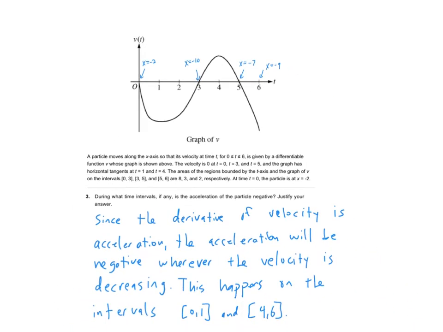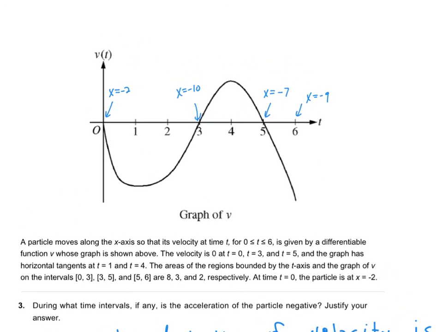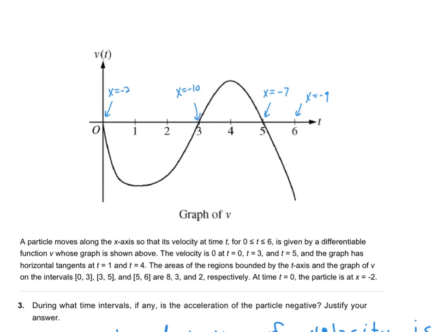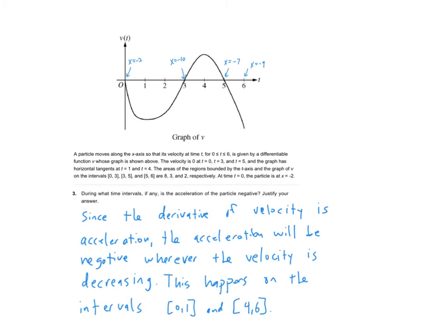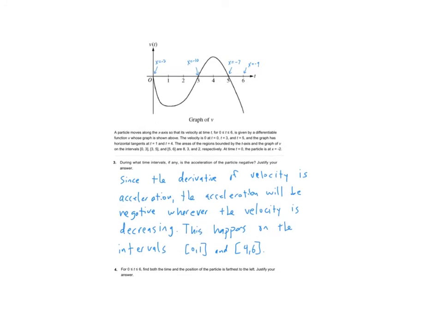Okay, so we can see the position is going to be smallest when t equals 3. It's going to be -10. It's going to be farthest to the left then. Negative means to the left in this case.